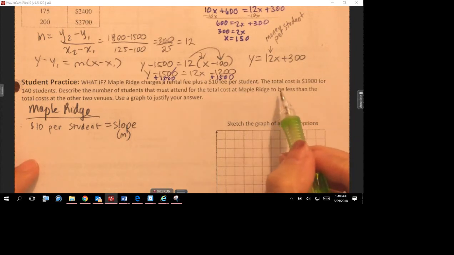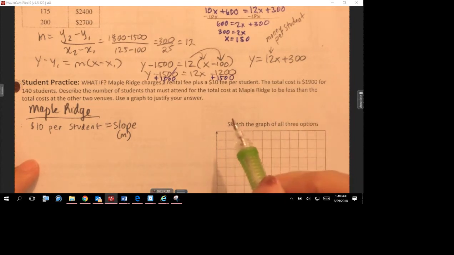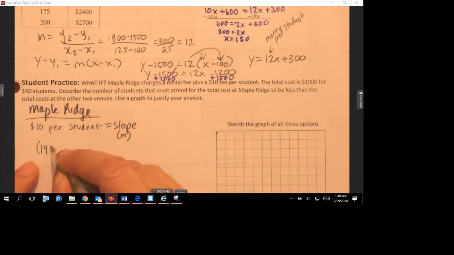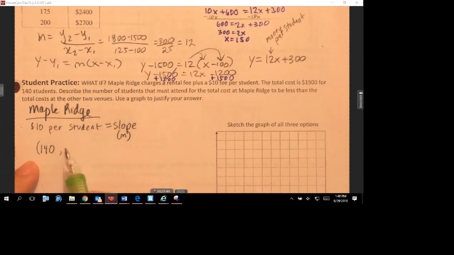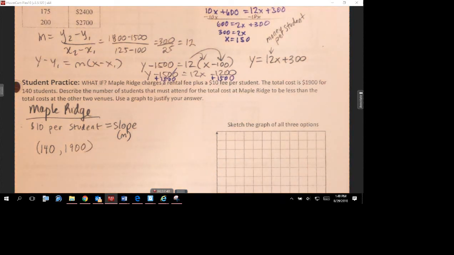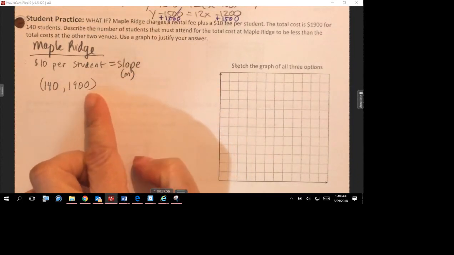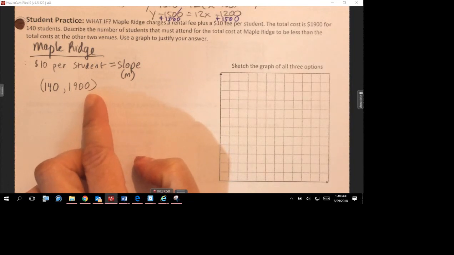We also know the total cost is $1,900 for 140 students. That is telling me for 140 students, we get $1,900 out. If I input 140 students, I get $1,900 out. So that's an ordered pair. So if I know the slope and I know a point, how do I find the equation?